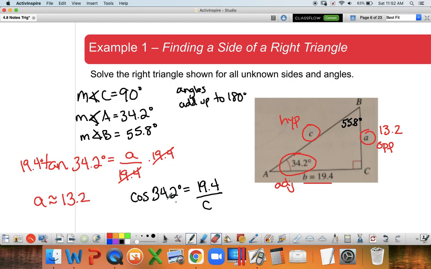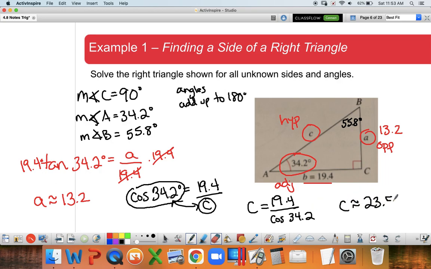Now, in order to solve for c, as we've talked about in class quite a bit, I multiply both sides by c, then divide both sides by the cosine of 34.2 degrees. The shortcut is just to reverse those two pieces of data. So I get that side c is equal to 19.4 divided by the cosine of 34.2. I pick up my calculator, which should still be in degree mode, and I get that c is about 23.5. And there we go. We have solved for all the missing sides and angles in this picture.